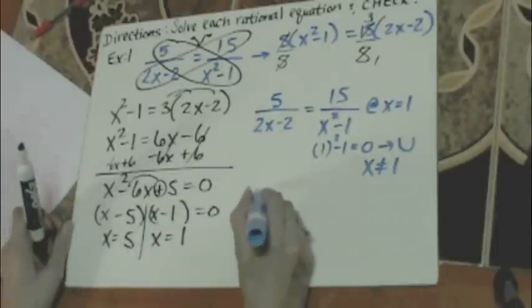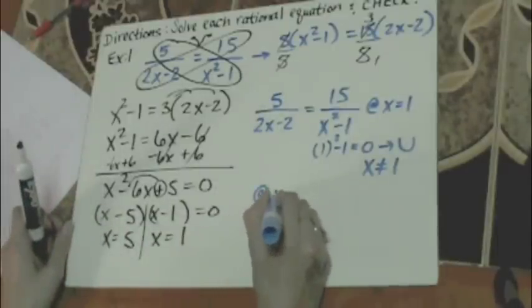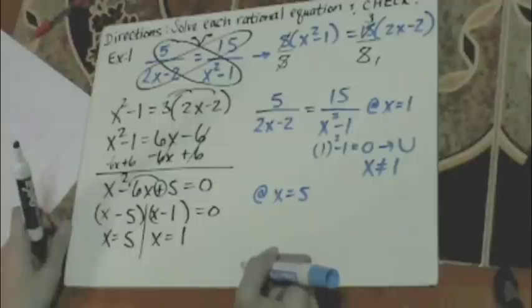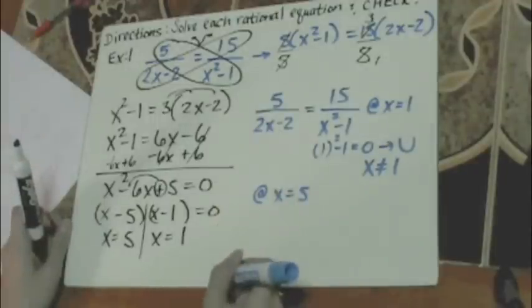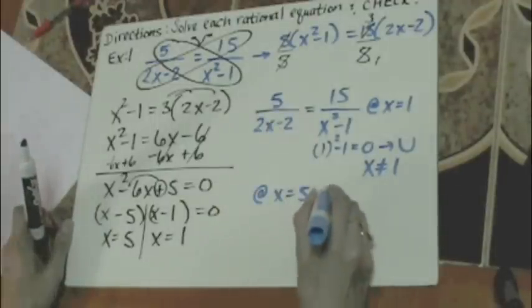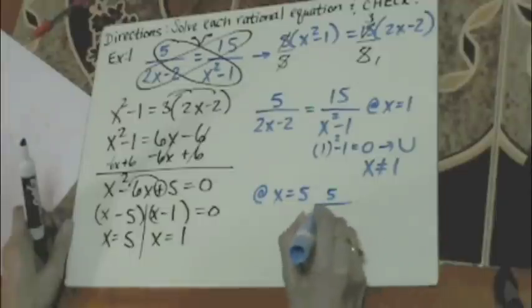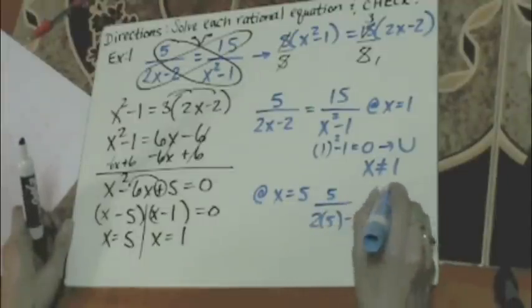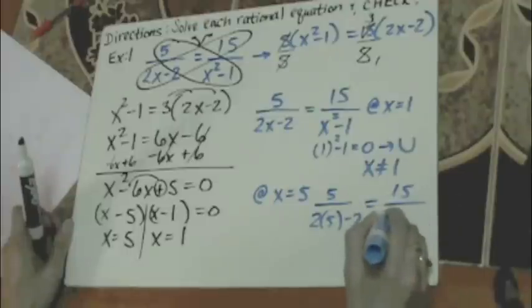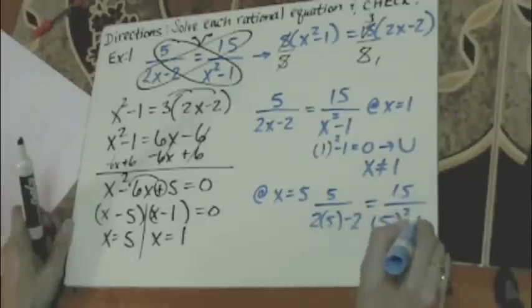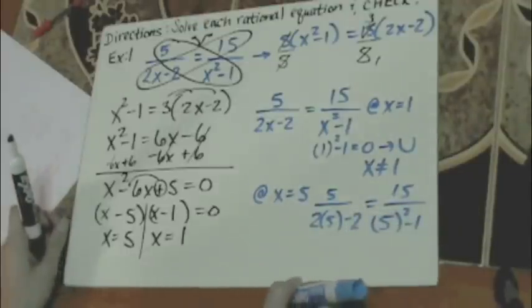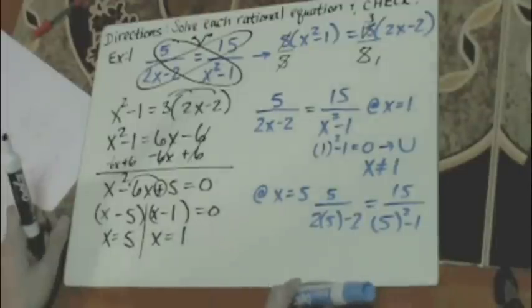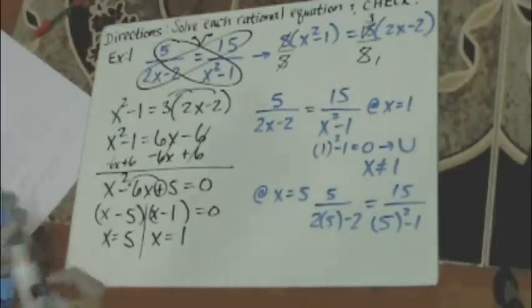So then let's check out at x equal to 5. So I've got 5 divided by 2 times 5 minus 2 is equal to 15 divided by 5 squared minus 1. So I need to go to a skinnier marker.